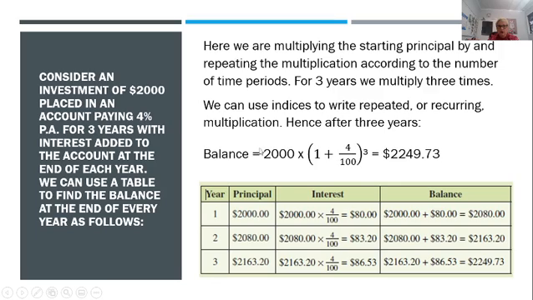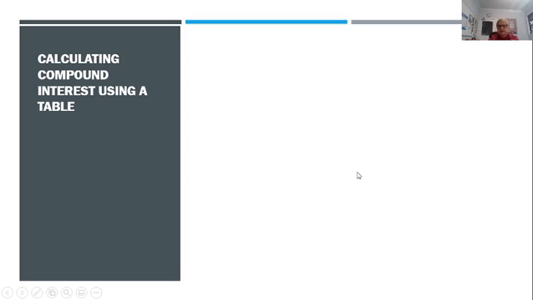After 3 years, your balance was 2,000 times (1 plus 4 over 100) to the power of 3. And you would get the answer straight away. You would put that into your calculator as that.